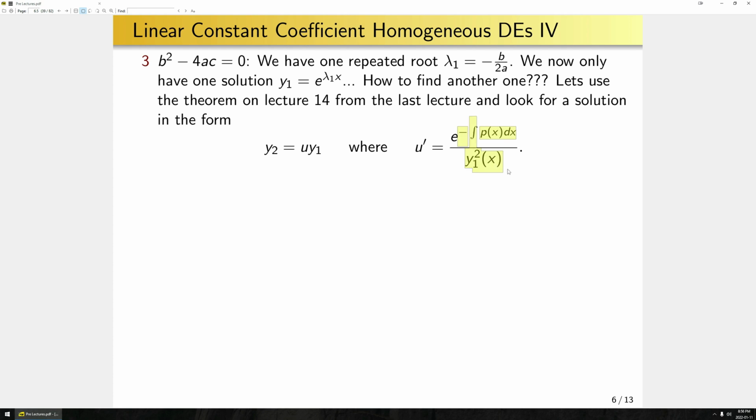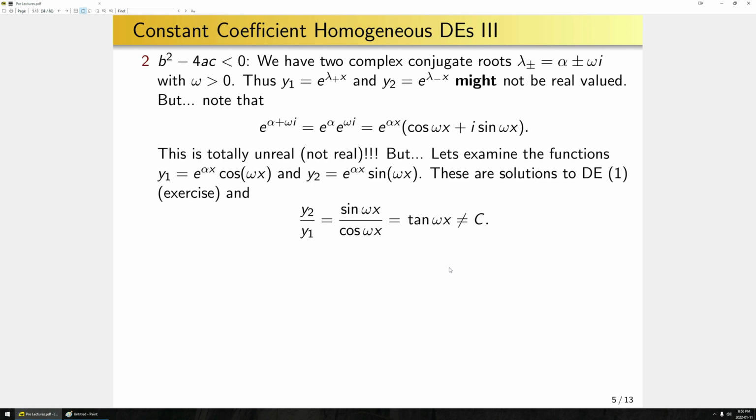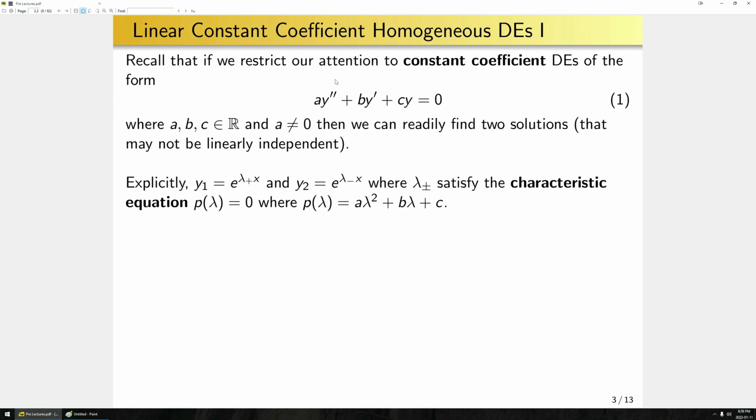So I can use this to try to find a solution. Okay, so let's just do some straightforward calculations. Here, if I want to plug everything in, my p of x, well, my polynomial, what did that thing look like? Well, if I just go back a few slides, this is what my polynomial looks like.